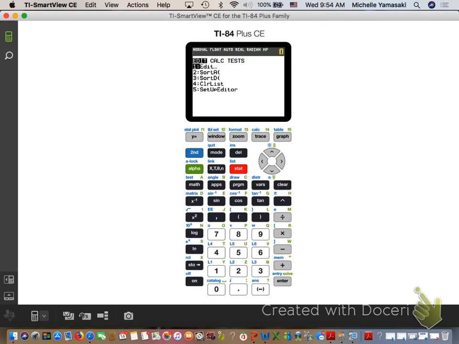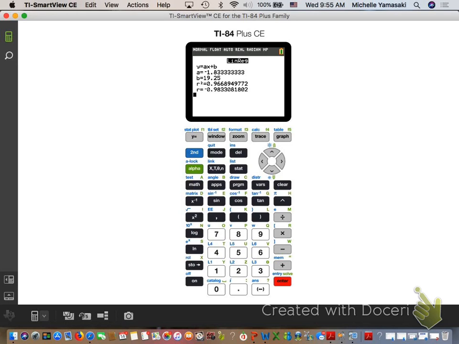Now we're going to go back to stat. You ready? Now I'm going to arrow over to calc, then down to number 4, and hit enter, enter, enter, enter, enter. Now, what is my R that they come up with?